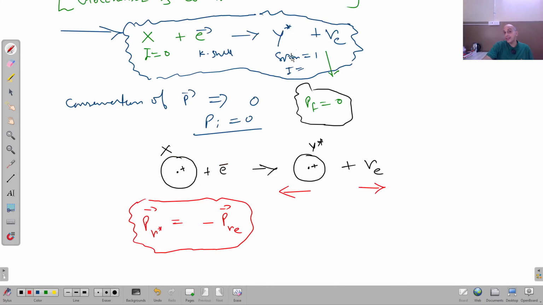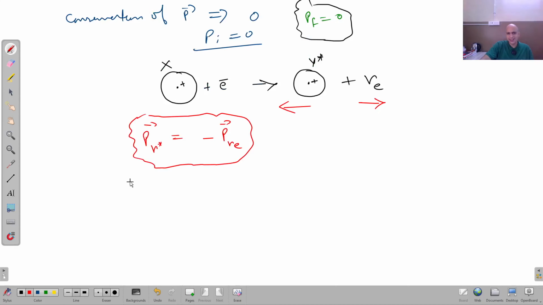Now, as this nucleus is in an excited state, it must come down to the ground state and its spin must become equal to 0, because only then will the spin be conserved. Otherwise, here it is 0, the electron spin is either plus or minus 1 by 2, and here the electron neutrino spin is either plus or minus 1 by 2. So this nucleus must come to the ground state and must have 0 spin.